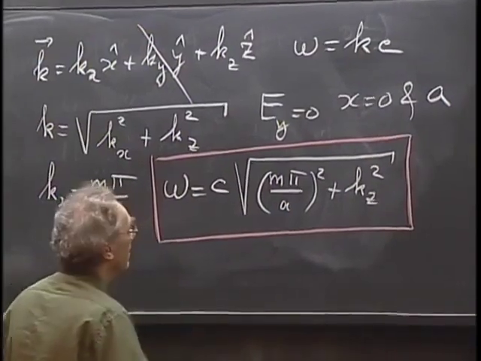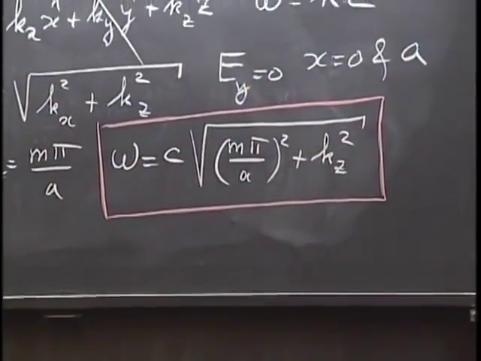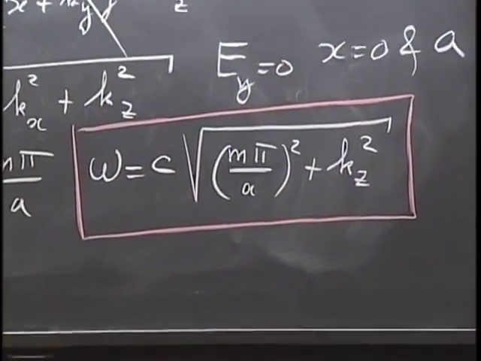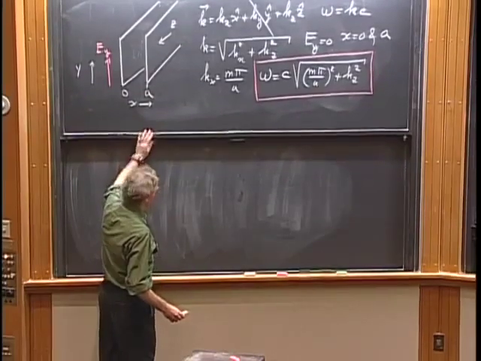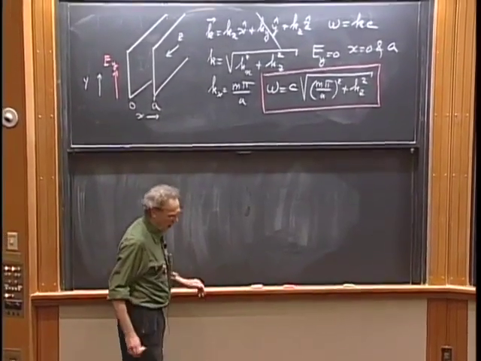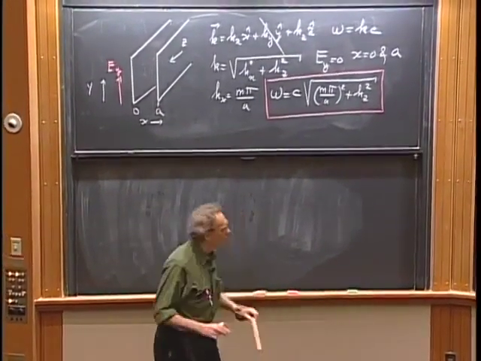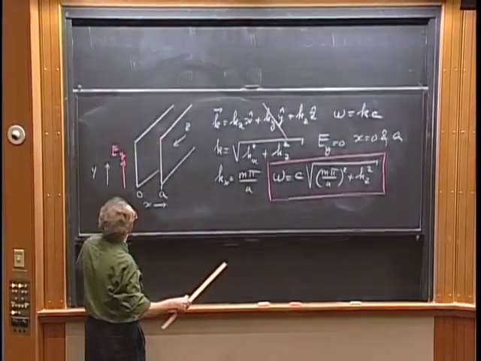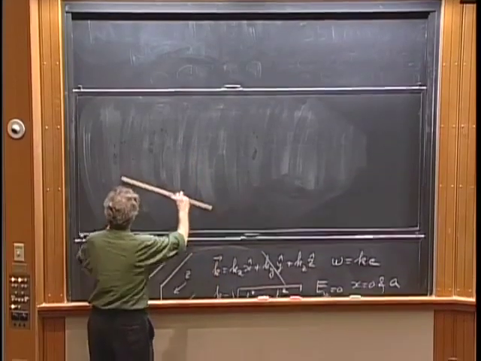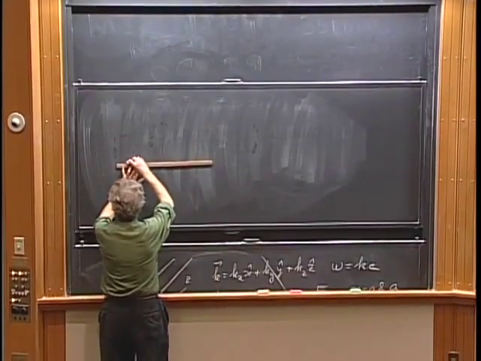This equation is responsible for a bizarre behavior. The bizarre behavior can best be shown in a diagram which we call the omega-kz diagram. I will raise this later again because I want to work over my head so that you can see what I'm doing.